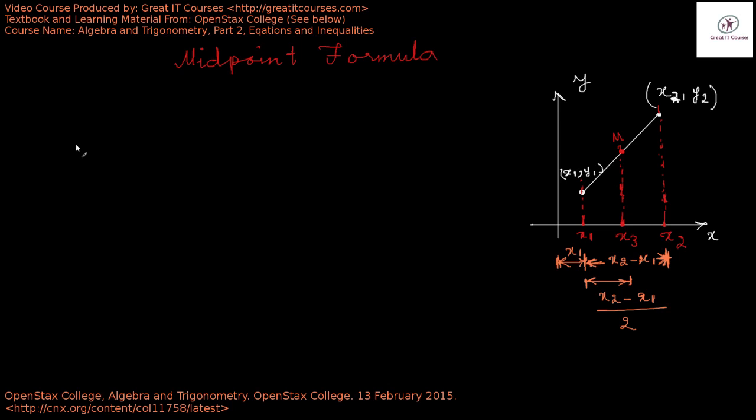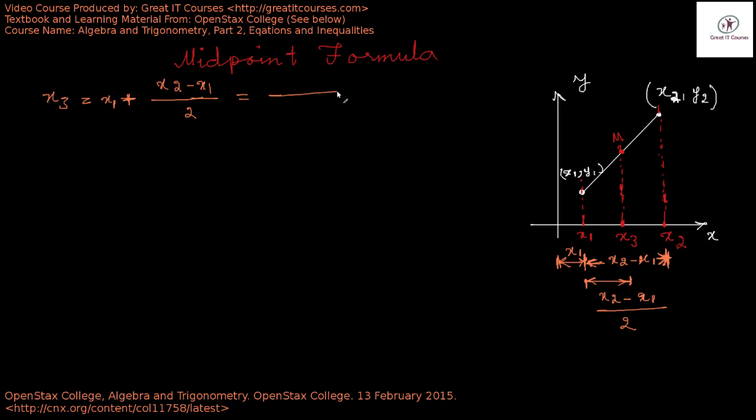So basically x3 then is equal to x1 plus this distance, half of the distance between x1 and x2. So it's x2 minus x1 divided by 2. And so you can simplify this.